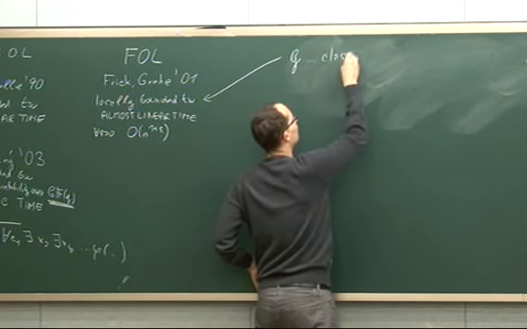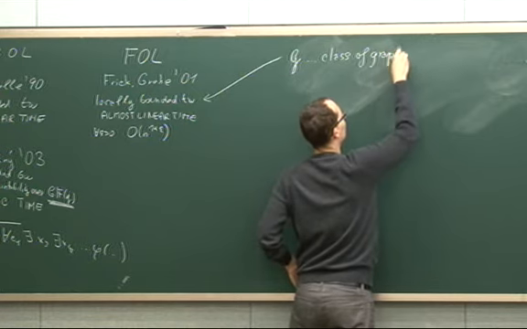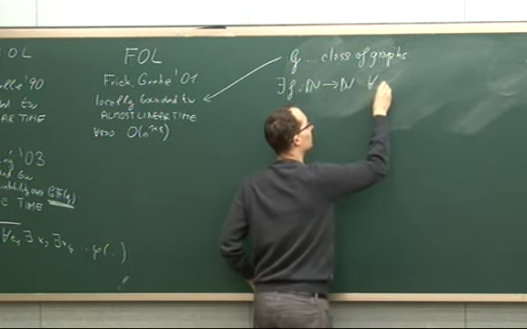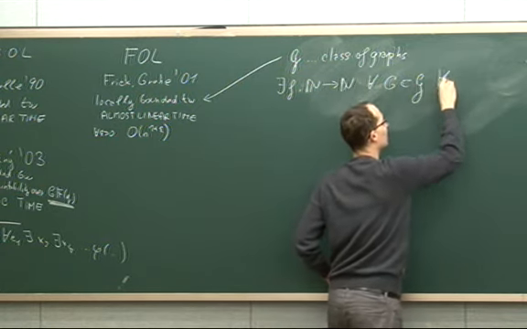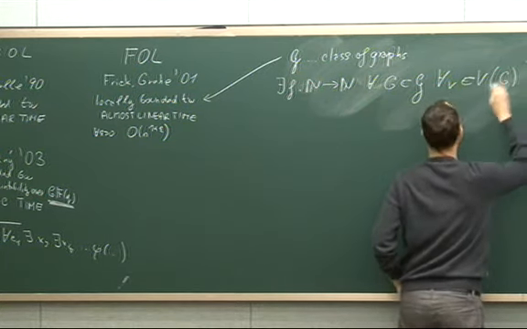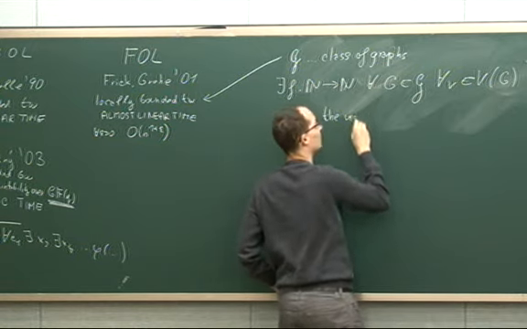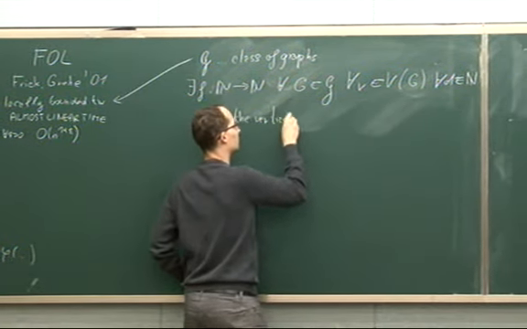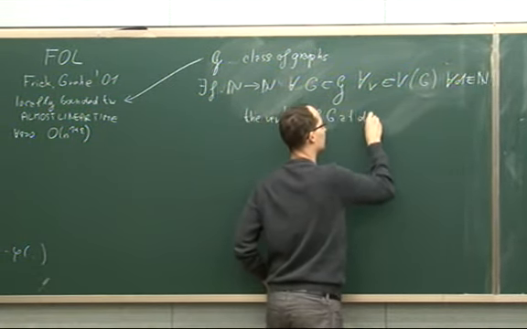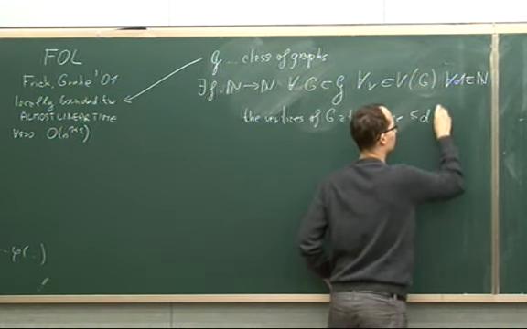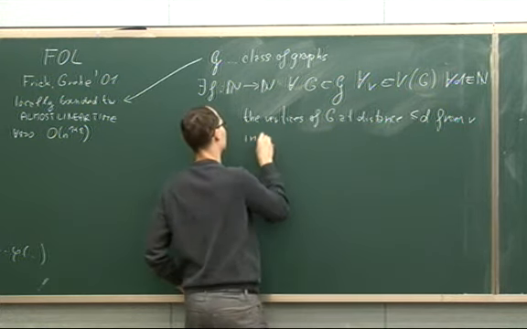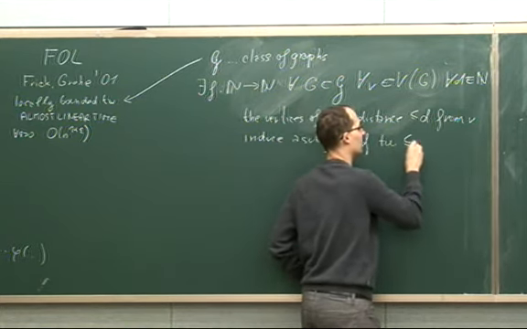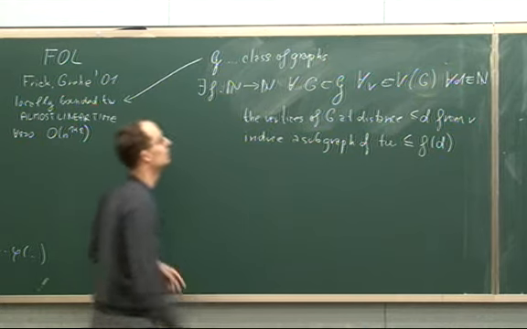So a class of graphs has locally bounded tree-width if there is a function such that for every graph from the class and every vertex of this graph, and for every d, the vertices of G at distance at most d from v induce a subgraph of tree-width at most the function of d.